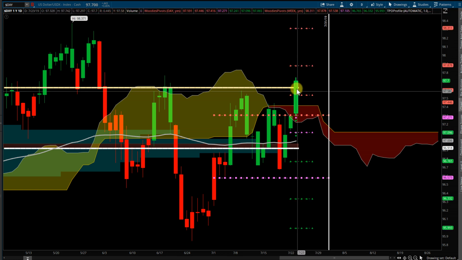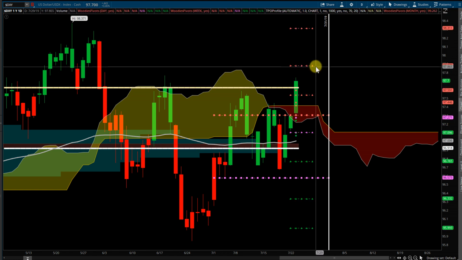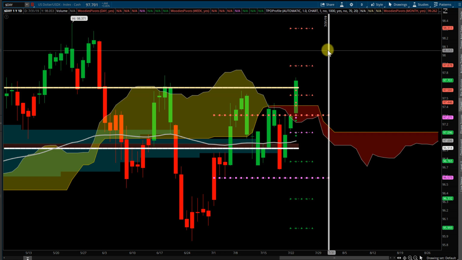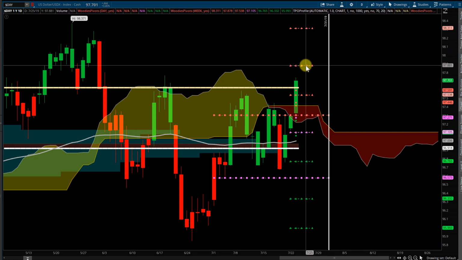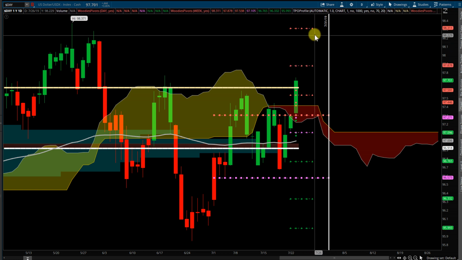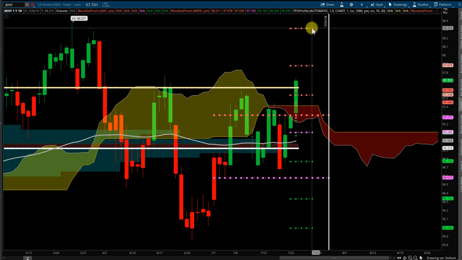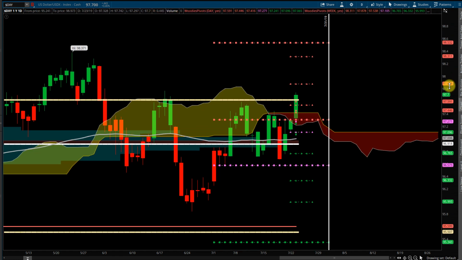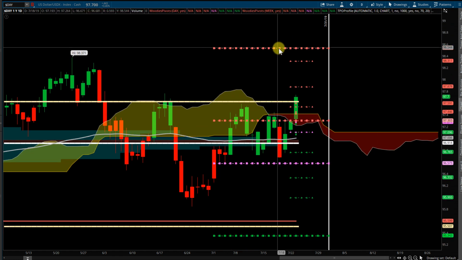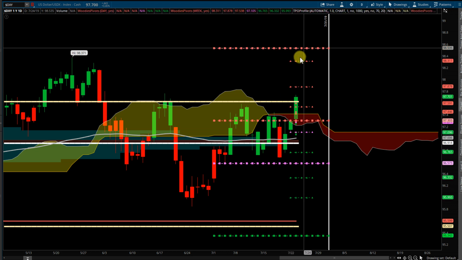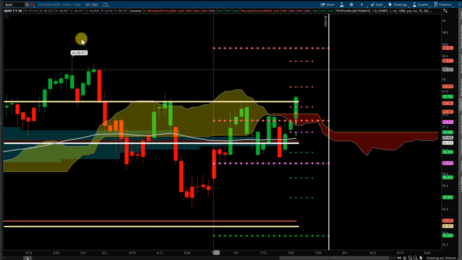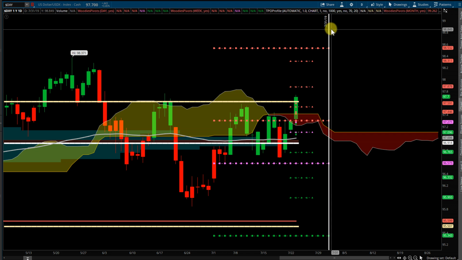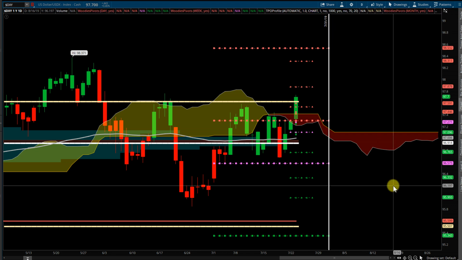So, we got a couple more days to go. And once we get to FOMC, I wouldn't be surprised if it gets to 97.88 or 97.31. And there goes a monthly pivot, monthly R1. I wouldn't be surprised if it goes up there, does a little flush, gets maybe some stops out here, and then turns down.